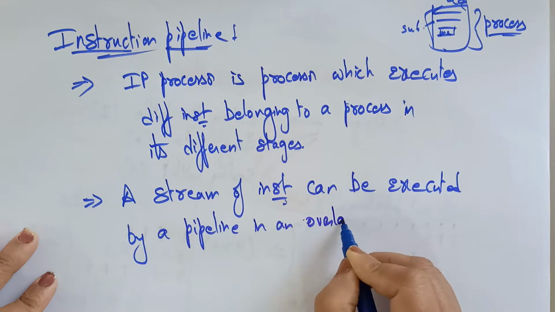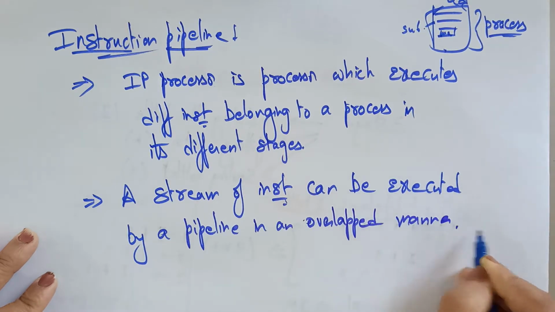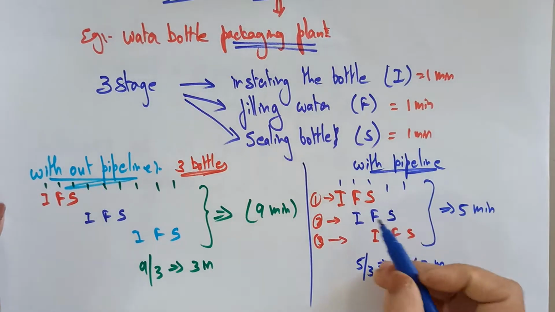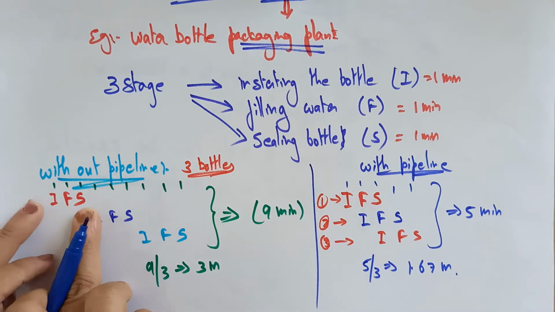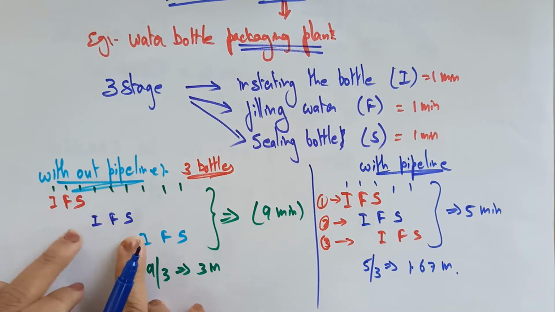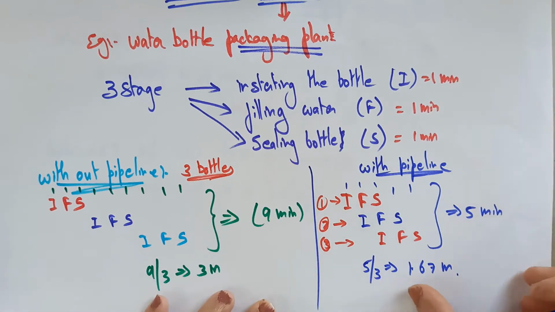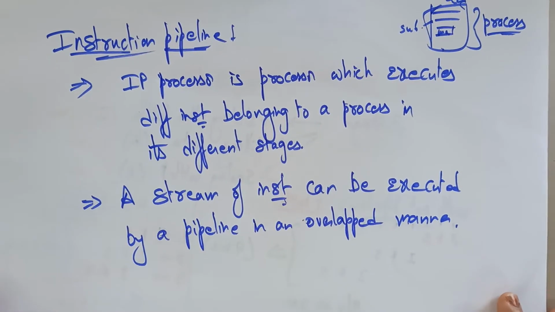If you observe, this follows the concept of overlapping. In the previous example I explained, there is no overlapping: after the completion of the first task, the second task starts. But here there is overlapping. So a stream of instructions can be executed by a pipeline in an overlapped manner. This is the definition of instruction pipelining.